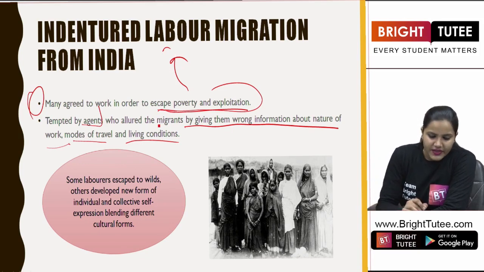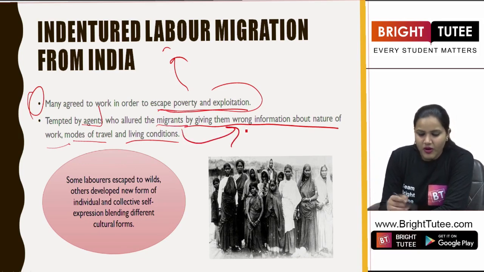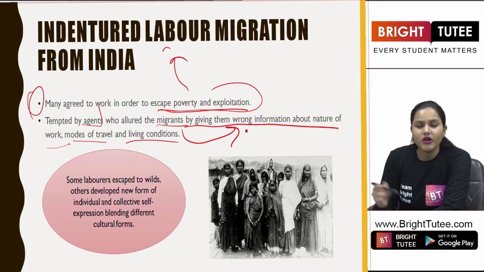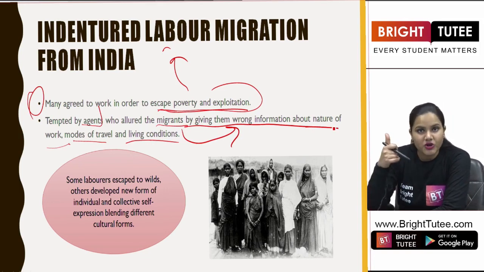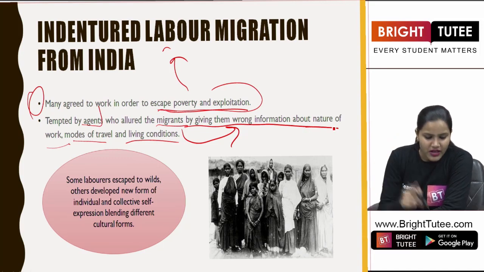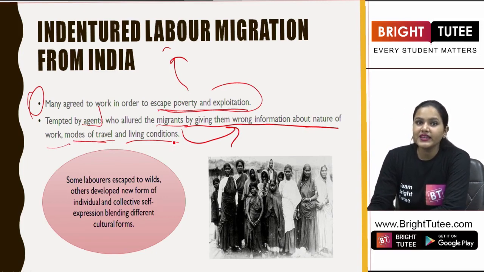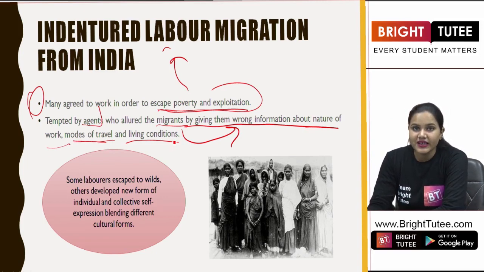They say that these migrants were given wrong information about the nature of work, the arrival and also modes of travel and living conditions there. So people were thinking that they are going to live nicely there and the working conditions will be well off. But was that the situation?